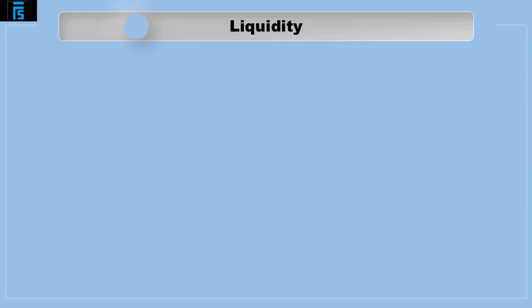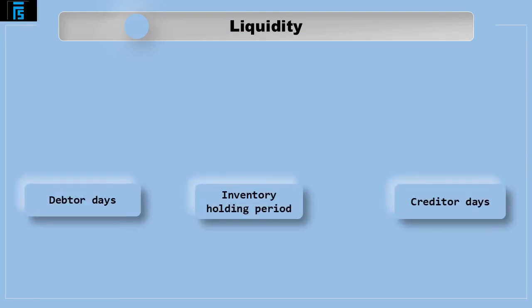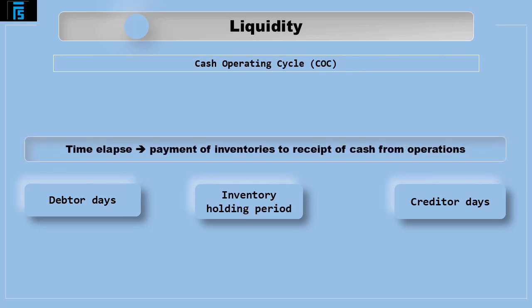All three of the liquidity measures which we just discussed may be combined into one indicator known as the cash operating cycle. This metric shows the length of time which on average elapses between the payment for inventories acquired and the receipt of cash for goods and services sold.